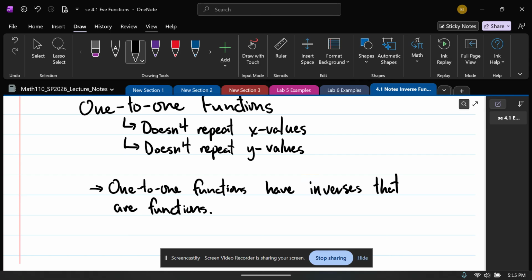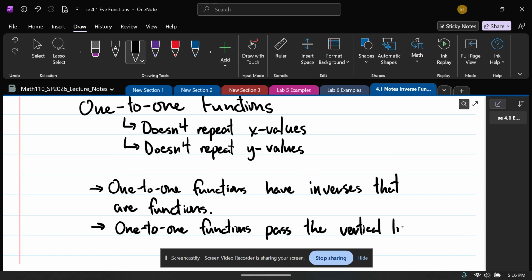So what that means is that one-to-one functions pass the vertical line test.